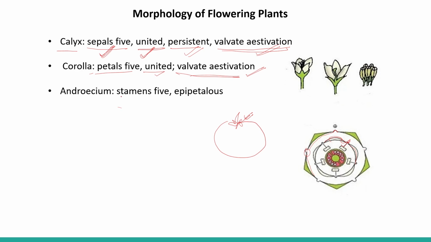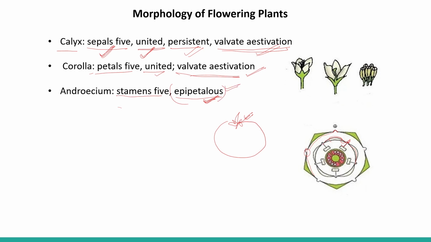Okay. Androecium. Stamens are 5 and epipetalous. This is very important, epipetalous. From the examination point of view, this particular condition is very important.